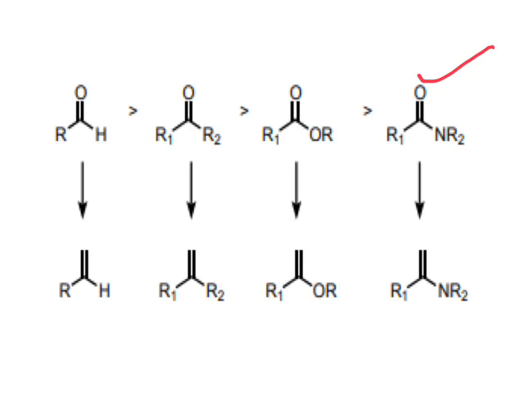Now, if we have aldehyde, then we get the corresponding olefin as the product. So you just have to convert C double bond O into C double bond C. If we have ketone, same thing, that is we have C double bond C, that is again an olefin. When we have esters, here we have an OR group, so the product which is obtained is called an enol ether.